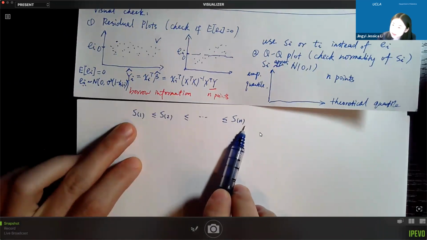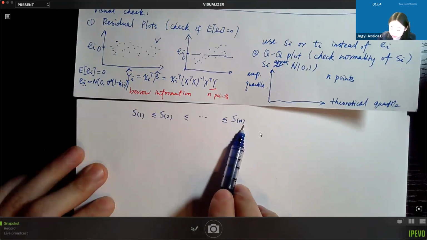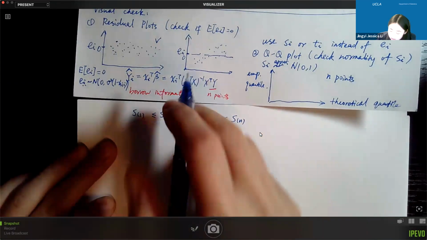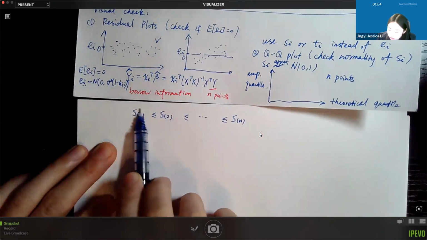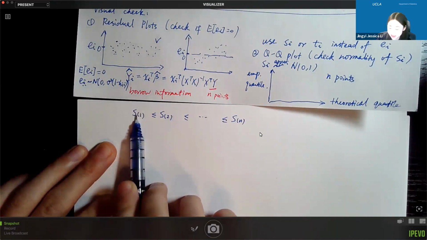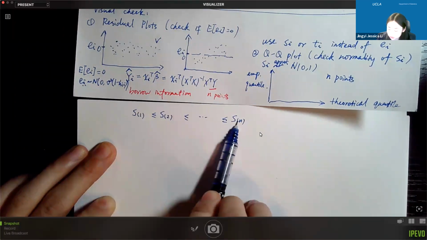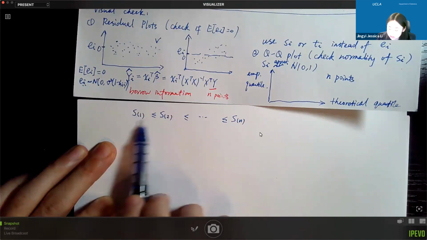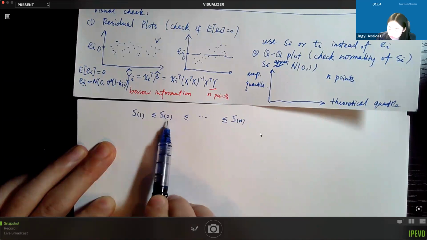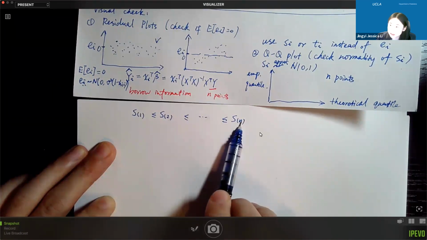Then we know based on the empirical distribution, the probability associated with each value, the left tail probability, that is, the probability the empirical distribution has below or equal to each value, would be 1 over n, 2 over n, up to n over n.